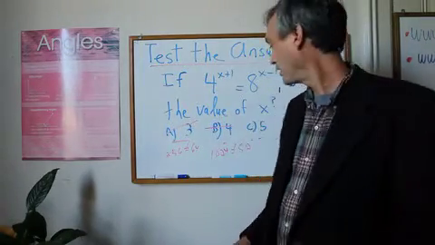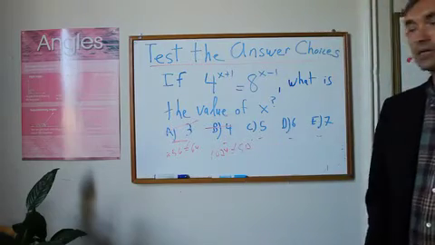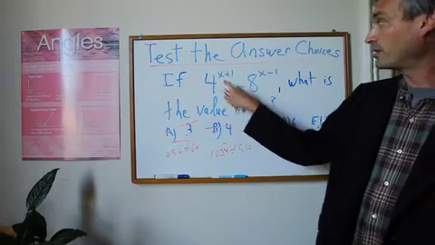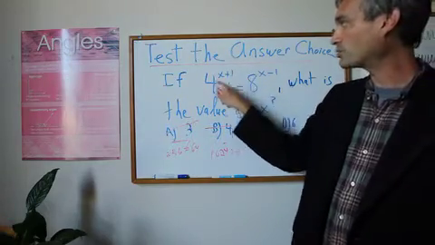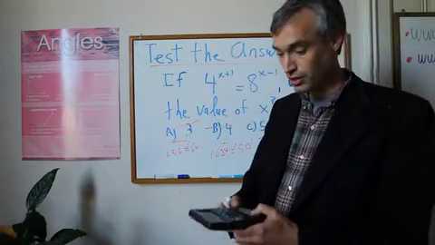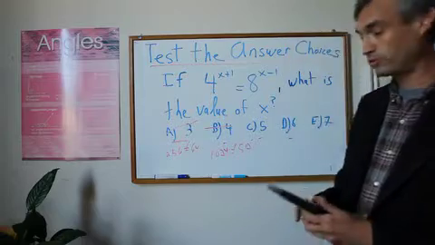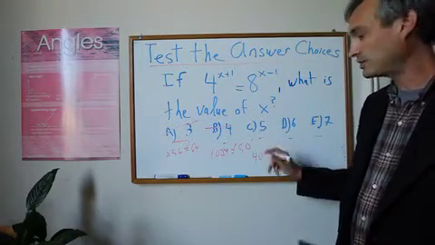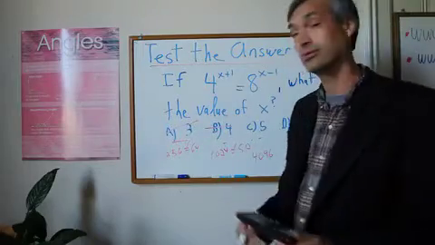Now let's look at what happens when we get to letter C, suggesting that x equals 5. 5 for x would make the exponent up here equal to 6, meaning that the entire left side would read 4 to the 6th power, or 4096 according to my calculator.